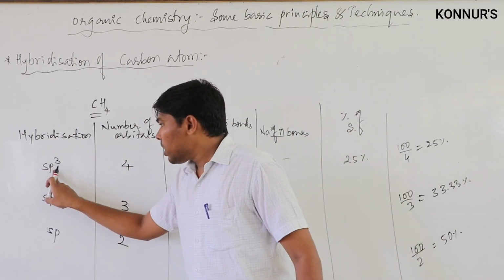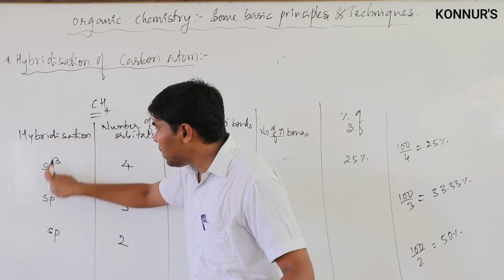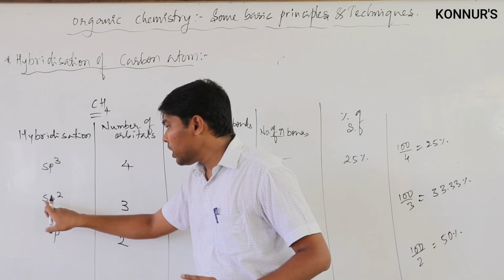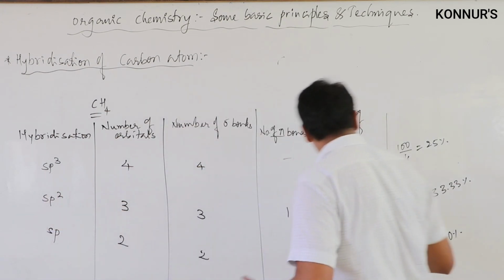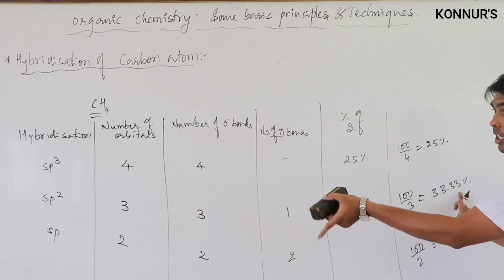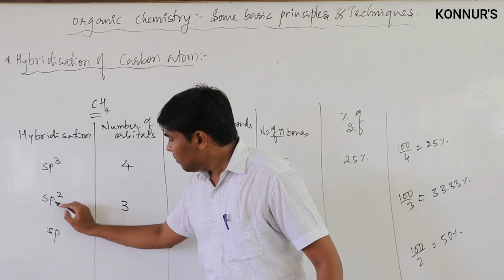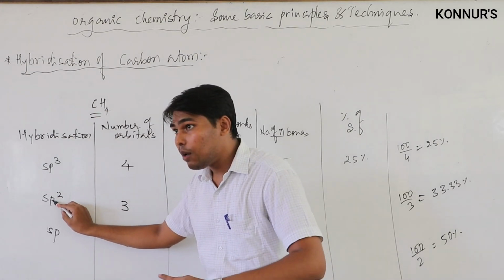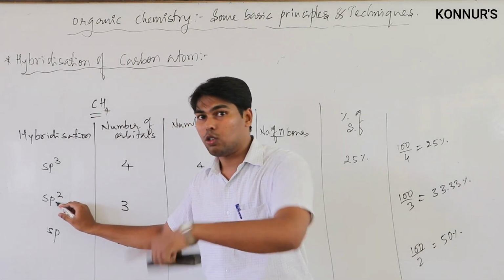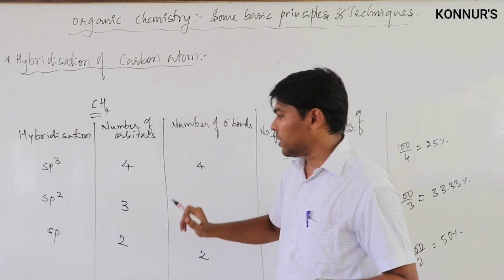In 4 orbitals, S contributes 25 and P contributes 75. In sp2, S contributes 33.33 and P, there being 2, contributes 66.6: 33.33 plus 33.33 gives 66.66%.